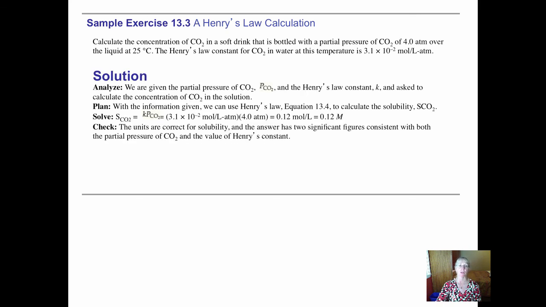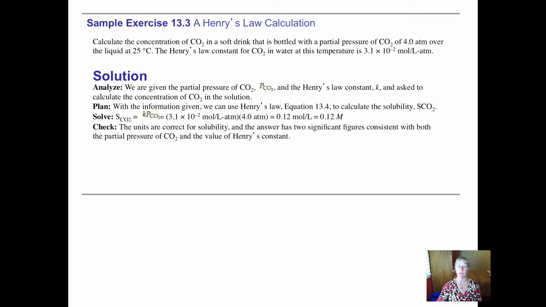We find our equation. The concentration, or the solubility of the substance, is equal to the Henry's law constant times the partial pressure for that particular substance in water at that temperature. So the values that we plugged in have all been given to us. Notice that moles per liter atmosphere will cancel out atmospheres.